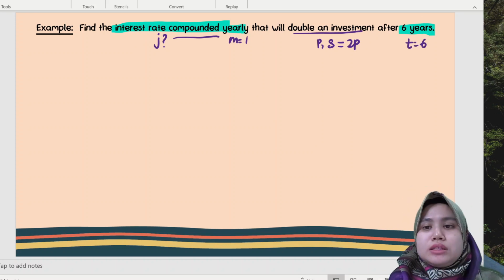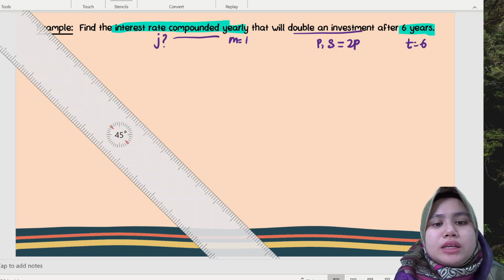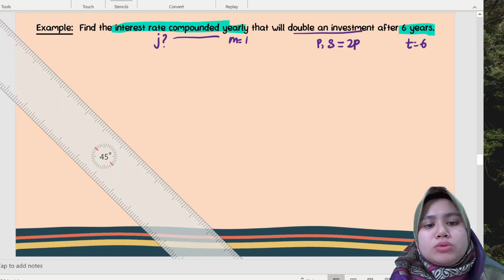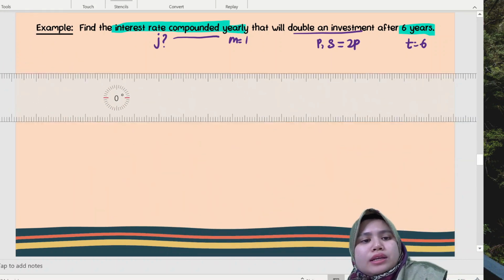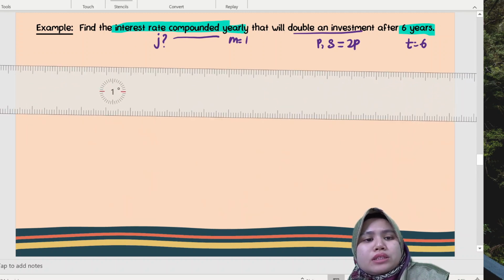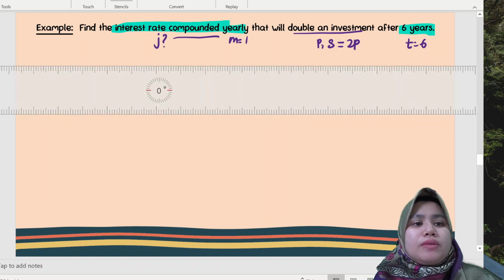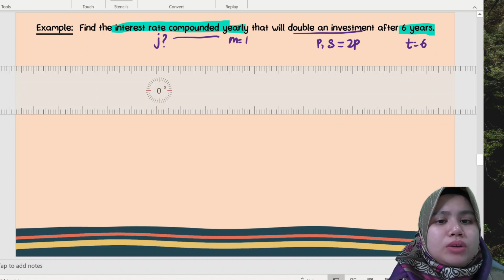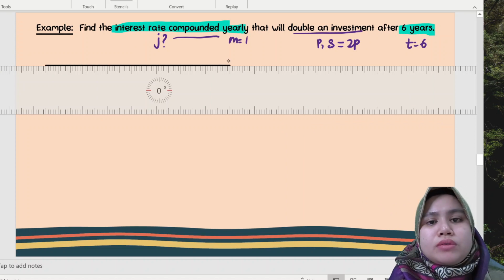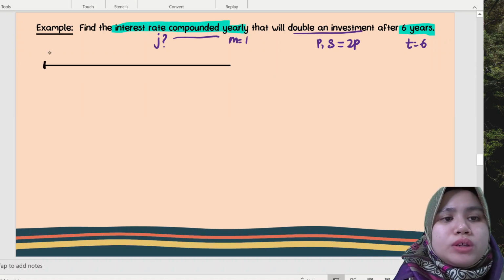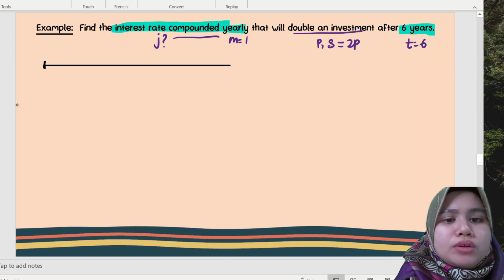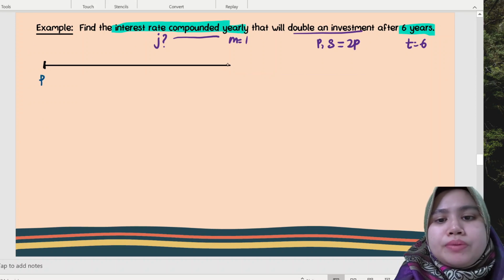In the example before, I forgot to draw a timeline for you. It's actually easy. You just start with your P, and at the end of this, you have 2P.